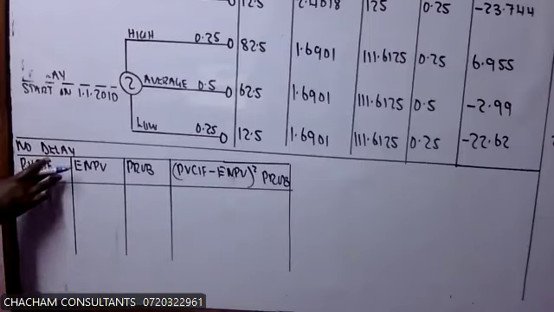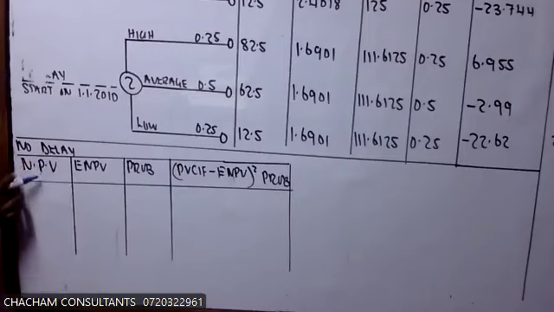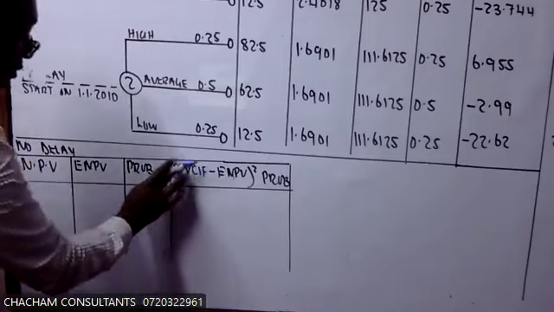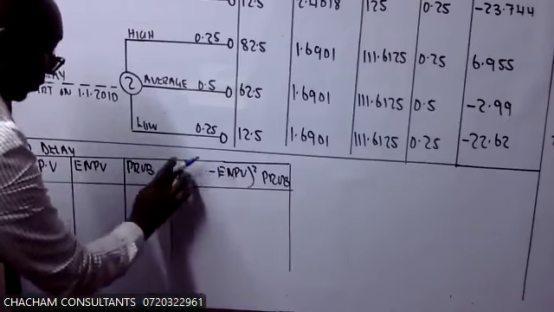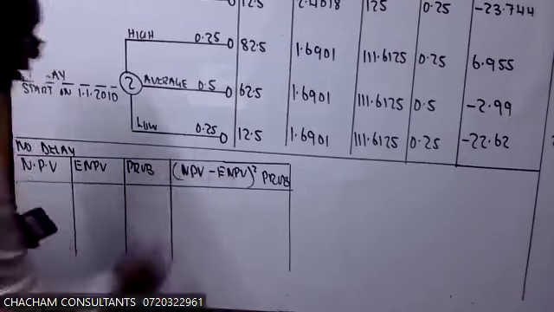Let's change this one. We call it NPV. I think that is what I need before I call it net. So this one will be NPV. Change that.